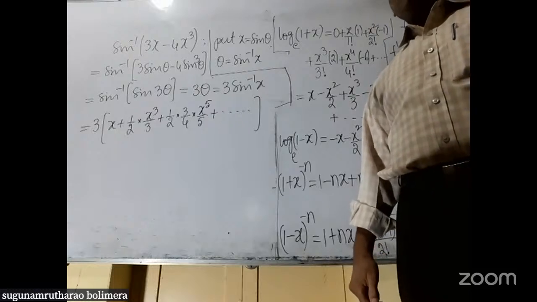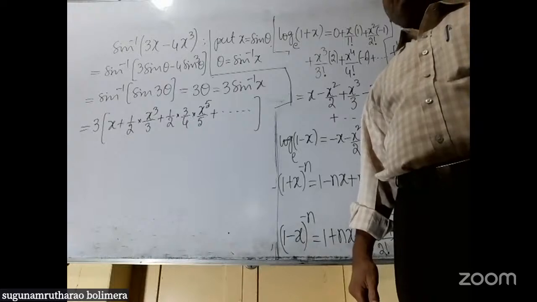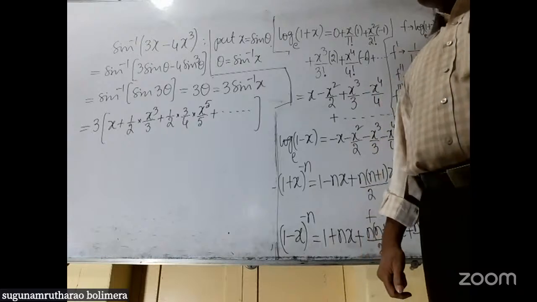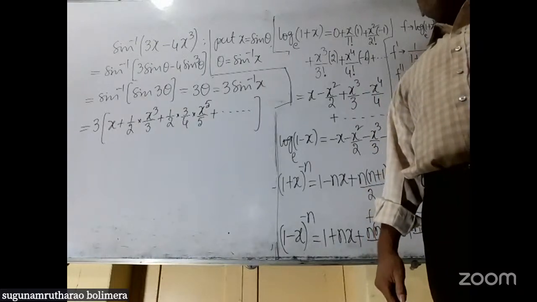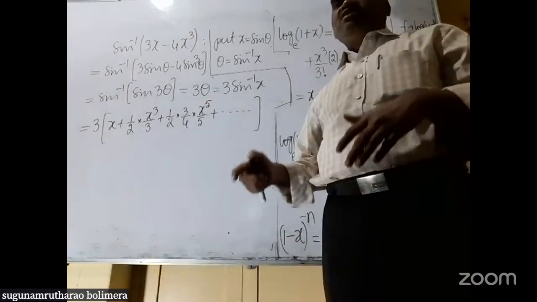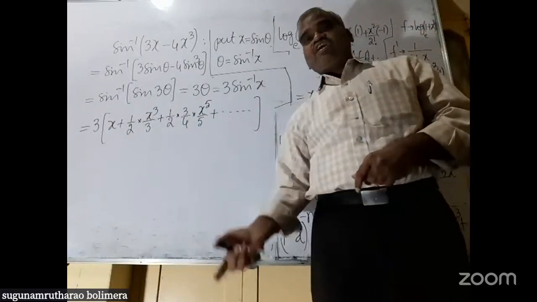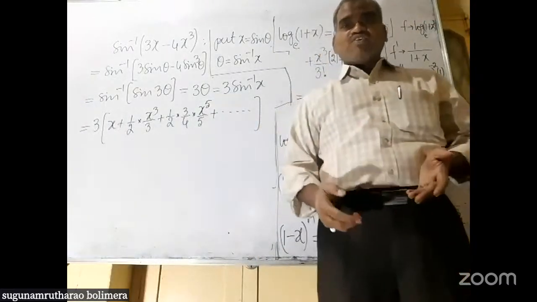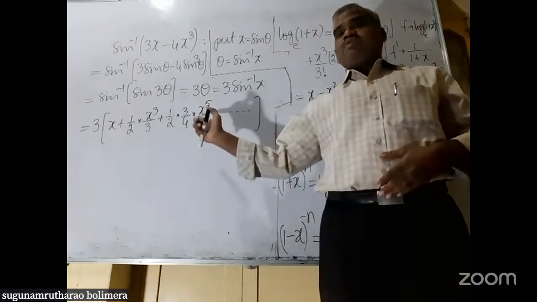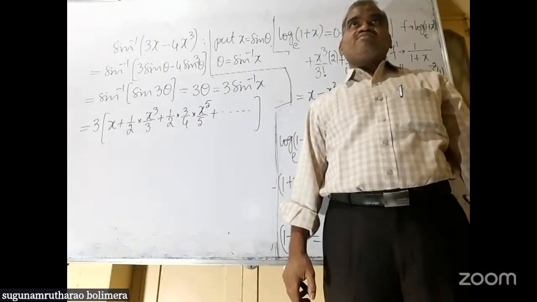Do it quick, make it fast. Is it okay? So the expansions will be in terms of some constant plus some coefficient into x plus some other coefficient into x squared, if it exists, some other coefficient into x power 3, x power 4, x power 5, and so on. The expansions will be like this. Do remember the expansions will be like this.